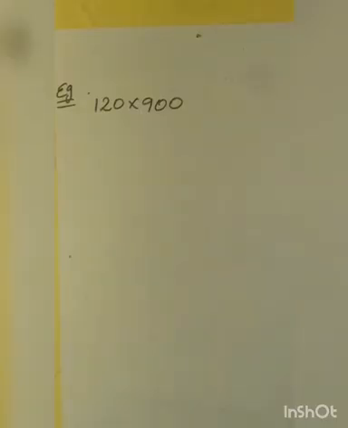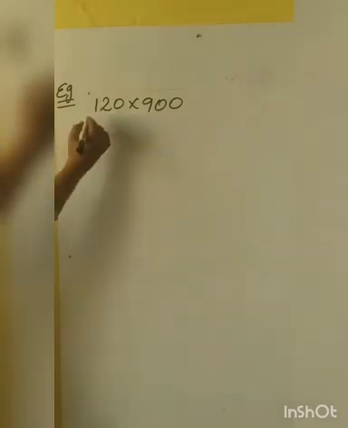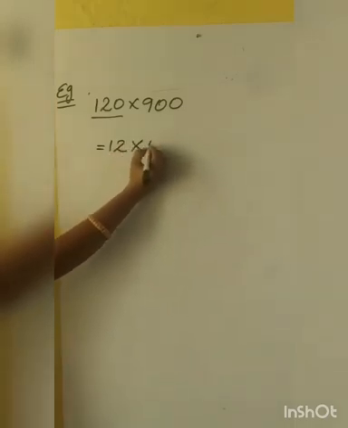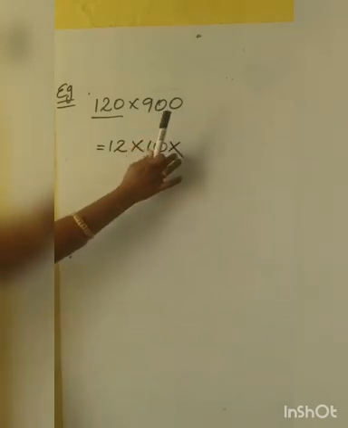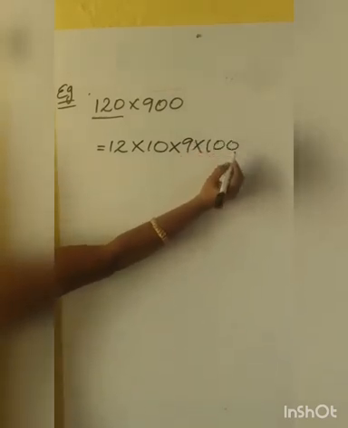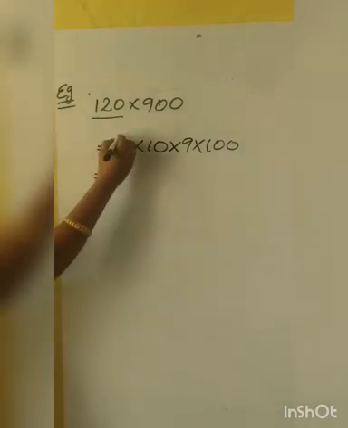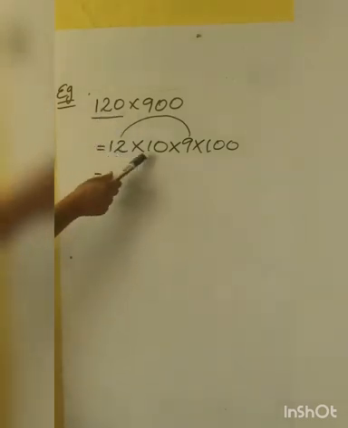So next, another example. 120 multiplied by 900. First I have to split 120. 120 is split into 12 into 10.